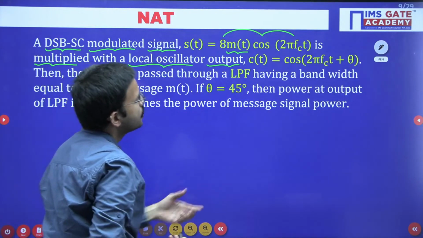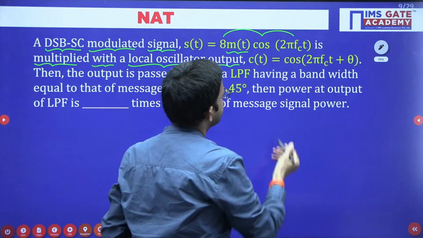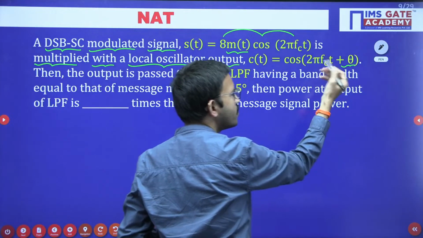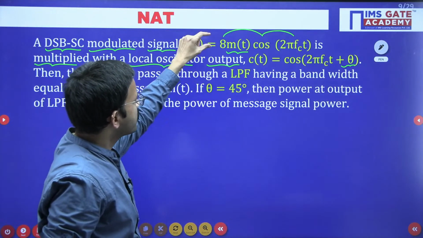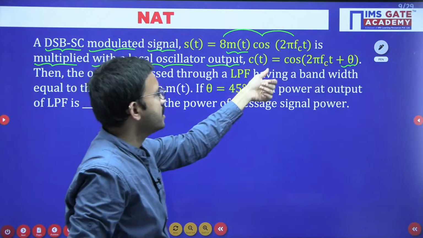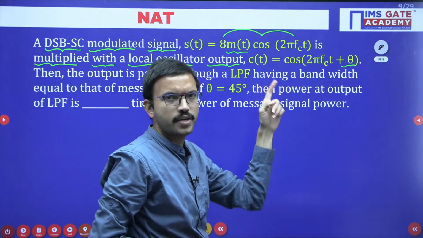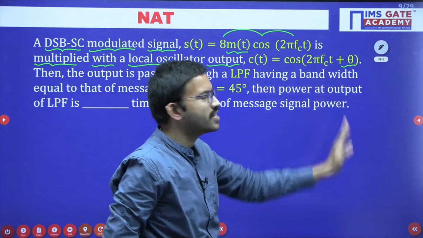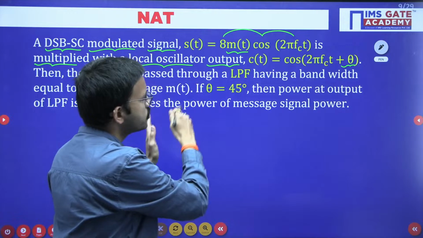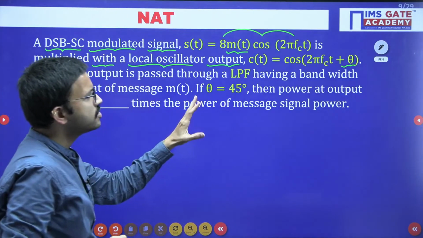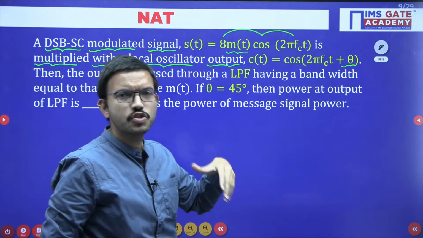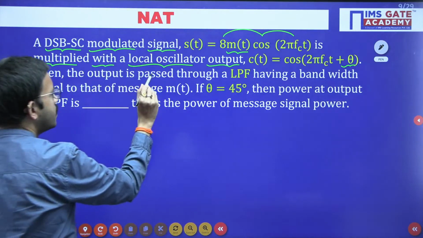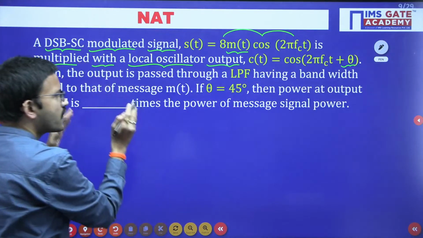So here you are having a carrier signal like cos 2 pi fc t, the same operating frequency, but there is a phase difference. Here Ac is the carrier signal amplitude, but in the local oscillator the carrier amplitude is 1 only. So there is a slight difference regarding the amplitude and the phase angle of the carrier signal that we are using at the later stage, when compared to the carrier signal used at the transmitter section.